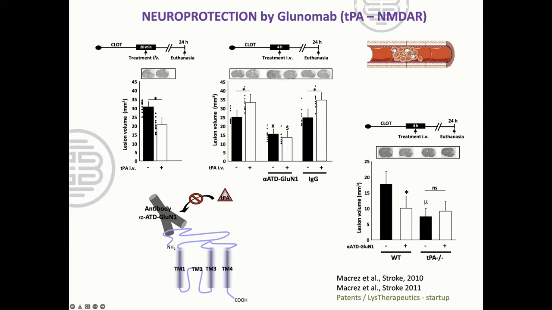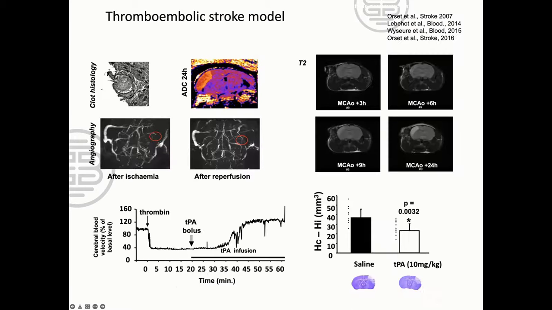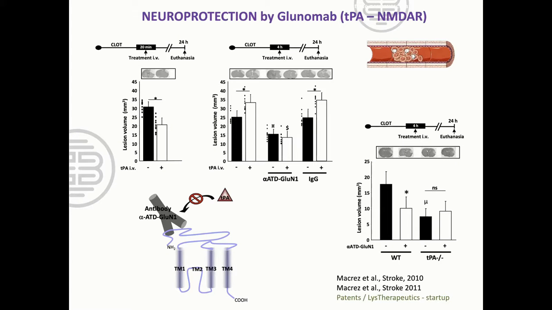We treat with TPA IV 10 minutes after stroke onset, and we can look at the lesion volume by MRI at 24 hours. As expected, TPA alone is clearly beneficial, reducing the lesion volume. We can repeat the same experiment, but this time with TPA not 20 minutes after stroke onset, but 4 hours after stroke onset.